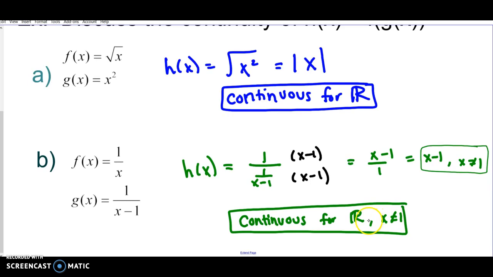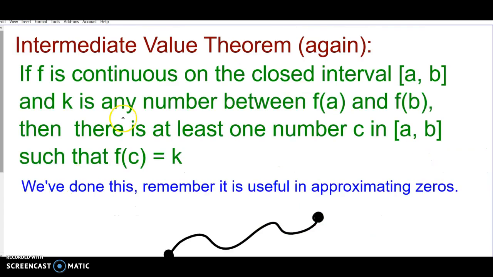Note this is also a removable discontinuity at x equals 1. Why? Because since h of x is a polynomial, it's possible to write this polynomial so it does exist at x equals 1. Don't forget, the domain of composite functions is restricted by the function we plug in. That's from first semester. Put me on pause.